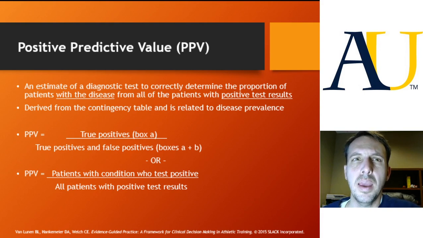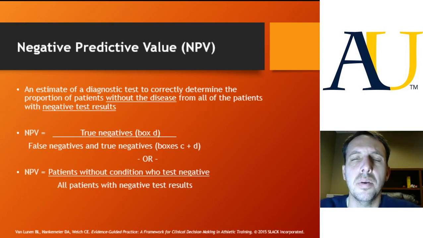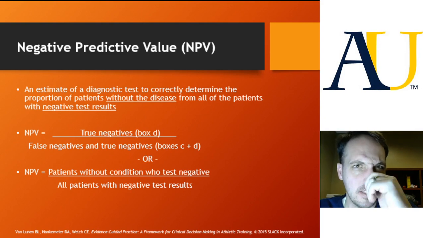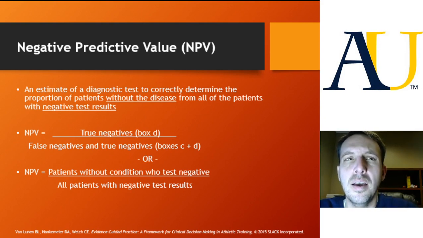And so we'll be able to use that separately. And the same thing occurs with the negative predictive value. We want to know how much does the fact that our individual has a negative test move our level of belief that they do not have this condition.